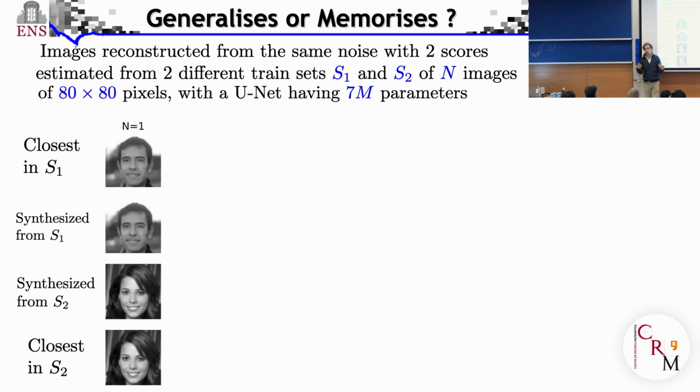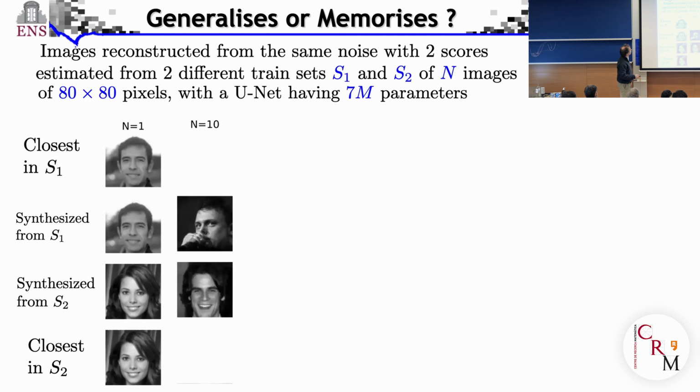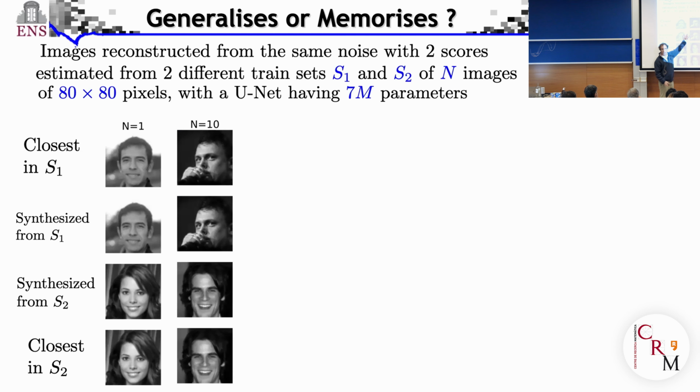In other words, you have just memorized information. Then you can do the same thing with 10 images. Again, the two neural networks are going to synthesize two different images. If you look in your dataset for the closest image to this one, you'll find it. You just memorized. So the neural nets are just very smart memorizers.